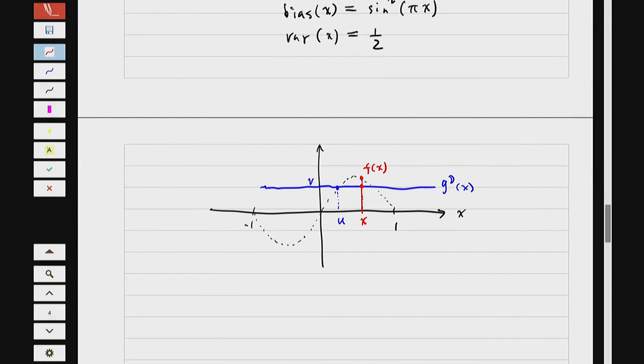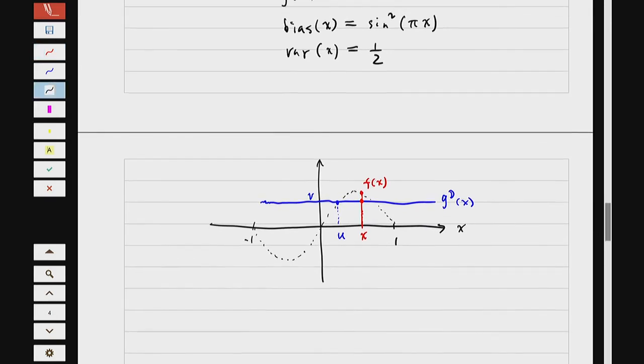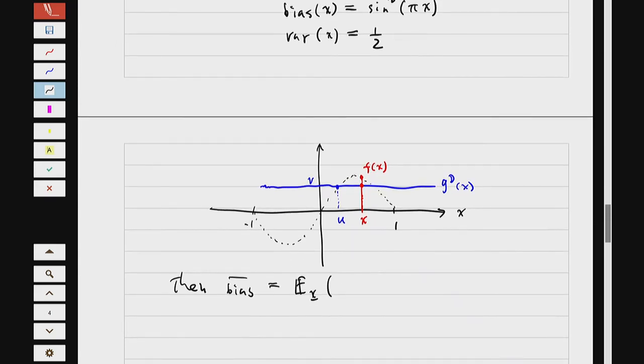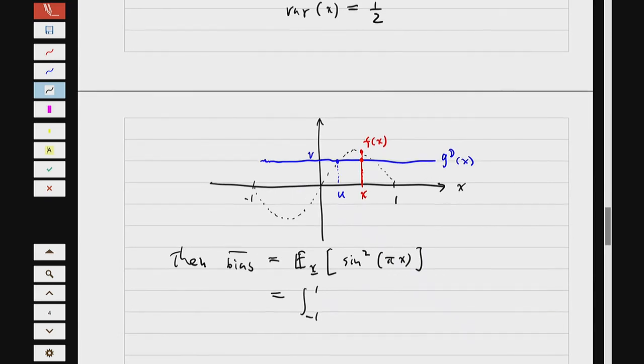Since we have that, if we want to find the average test error, we have to find the average of bias and the average of variance. The average bias is the expectation over x of the bias of x, which is sine square of pi x. This is the expectation of a function of a random variable x.